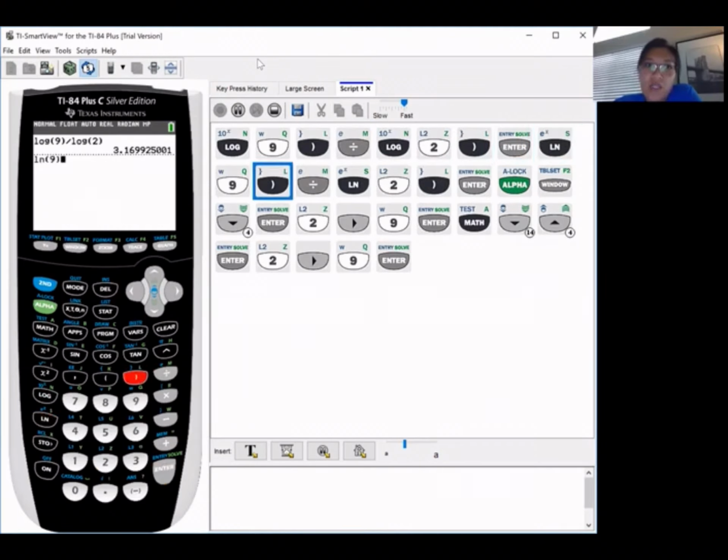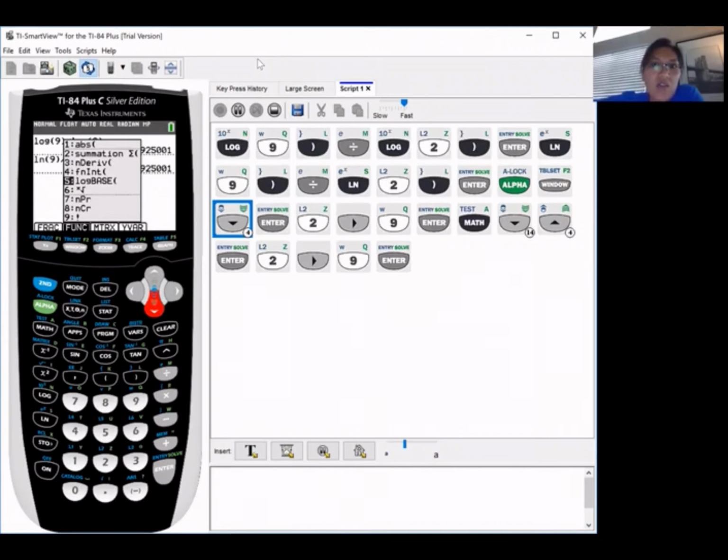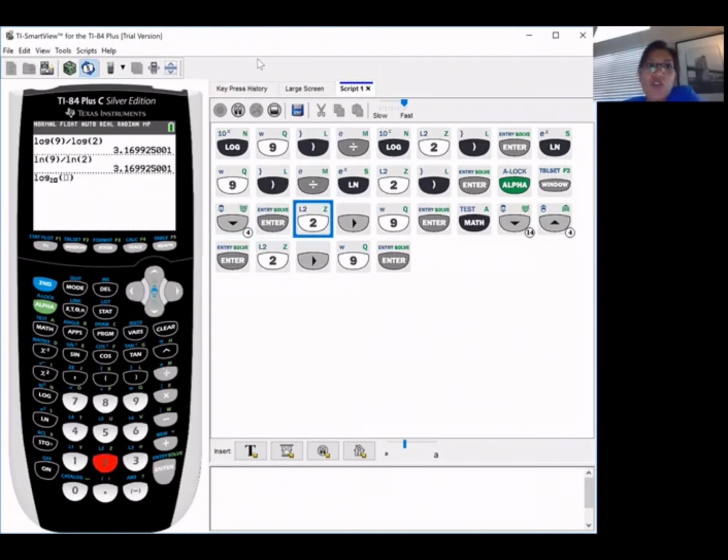You can also do ln, the natural log. Or under alpha window, remember that shortcut? There is a log base formula under number 5 that you can use. You plug in the base of 2 and substitute the 9, and you calculate the same thing.